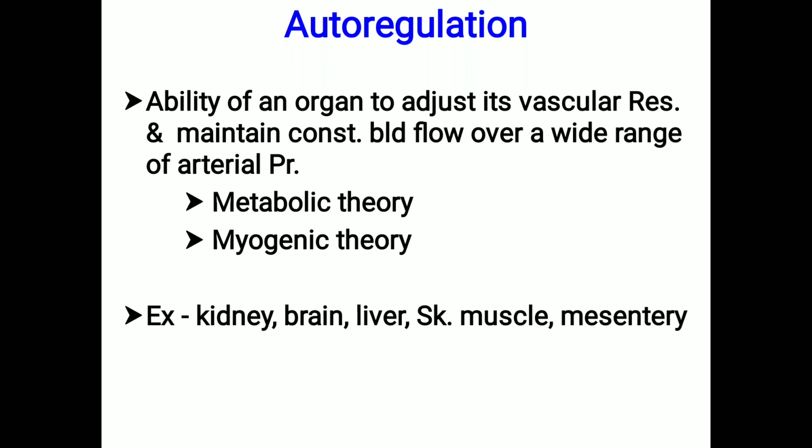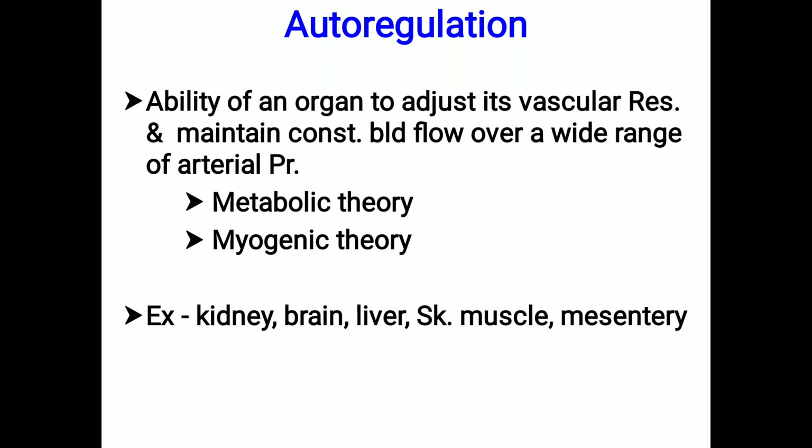Whereas the metabolic theory means increased blood flow in the vessels is due to increased accumulation of local metabolites. The local metabolites that accumulate and cause vasodilation are lactate, potassium, hydrogen, carbon dioxide, increased temperature, histamine, and hypoxia. All this is the metabolic theory of autoregulation.